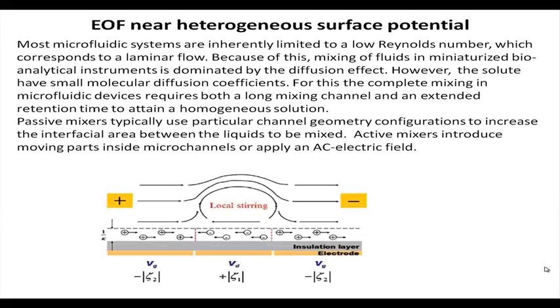So now we will consider a situation where the electroosmotic flow is considered near a surface charge heterogeneity. The surface charge heterogeneity will create a characteristic change of the electroosmotic flow.